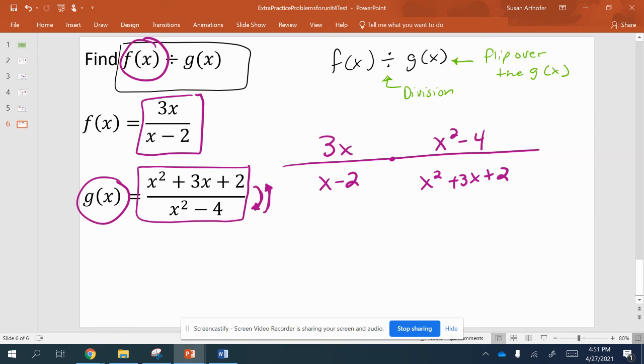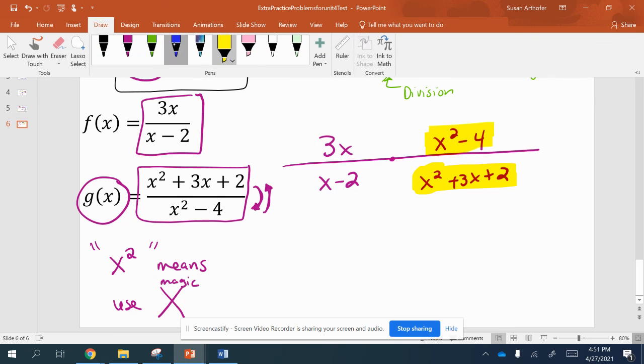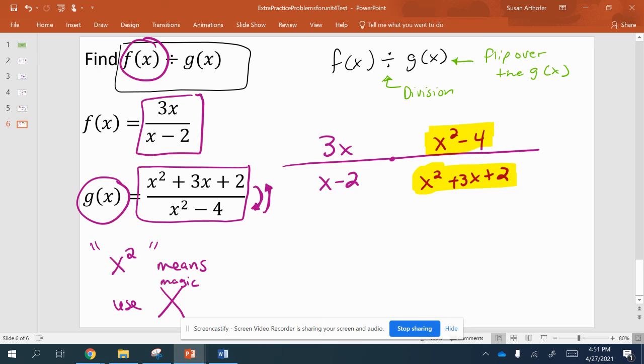All right, now you have to decide what needs to be factored. What did I tell you at the beginning? Anything with x squared means what? Use the magic x. So there's two spots where I need a magic x. Right here, because it has x squared, and right here on the bottom, because it has x squared. The other two items do not have x to the second power, it's just x.